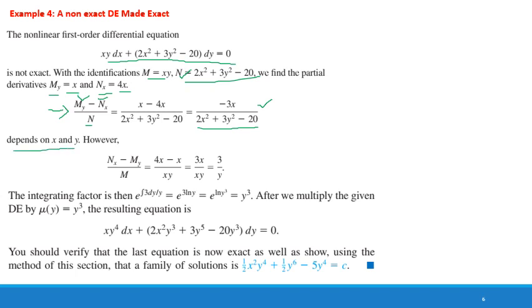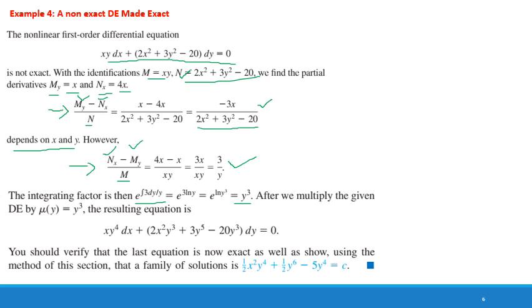However, when we use the second formula, which is n sub x minus m sub y divided by m, we will get the answer 3 divided by y. So this is only a function of y, so we can use this function to convert the non-exact differential equation into an exact one. But before doing that, we will have to calculate the integrating factor with this formula, and the answer is y power 3.